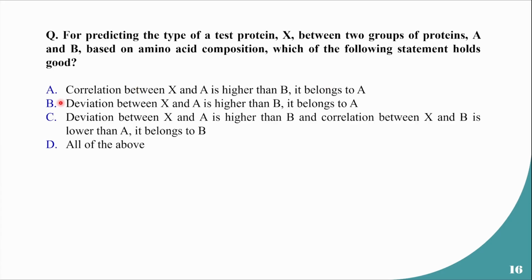Similarly, in option B, if X and A had a deviation value higher than X and B, the protein should belong to group A, right? And in C, if the deviation between X and A is higher than X and B, and also the correlation between X and B is lower than X and A, then this protein should belong to group B. So which could be the answer maybe?